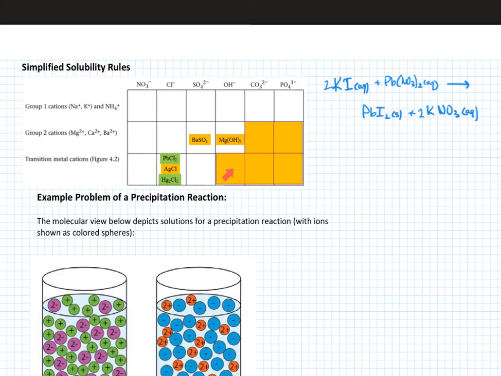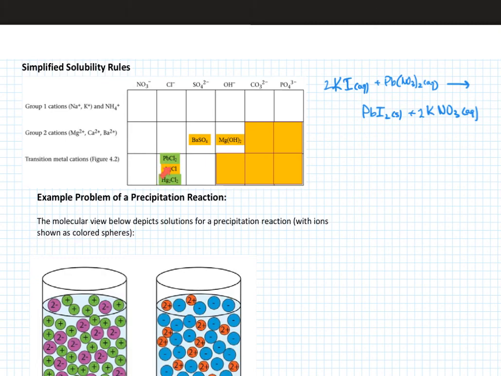So transition metal hydroxide cations, those are also insoluble. And then these ones written specifically are exceptions. So magnesium hydroxide is insoluble. Barium sulfate is insoluble. You can see most sulfates are actually soluble, but barium sulfate is insoluble. And for chlorides, most chlorides are soluble with the exceptions of lead, silver, and mercury chloride.